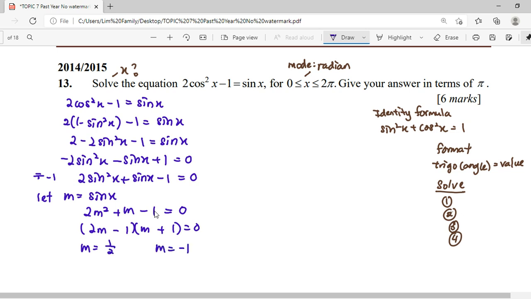So when we substitute back our m, it will be sine x equals to 1 over 2 and sine x equals to negative 1. So we managed to achieve the format that we want, which is trigo angle value. Trigo is our sine, angle is our x. Because we get this format already, it means we're ready to solve it.